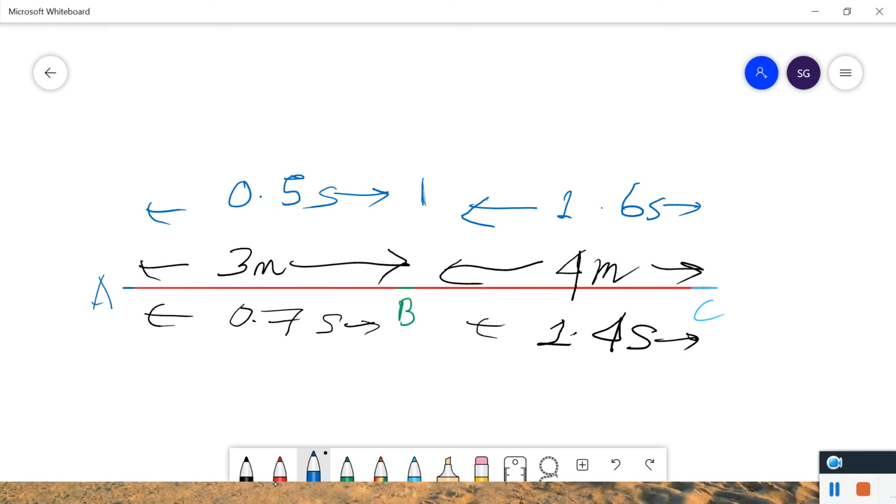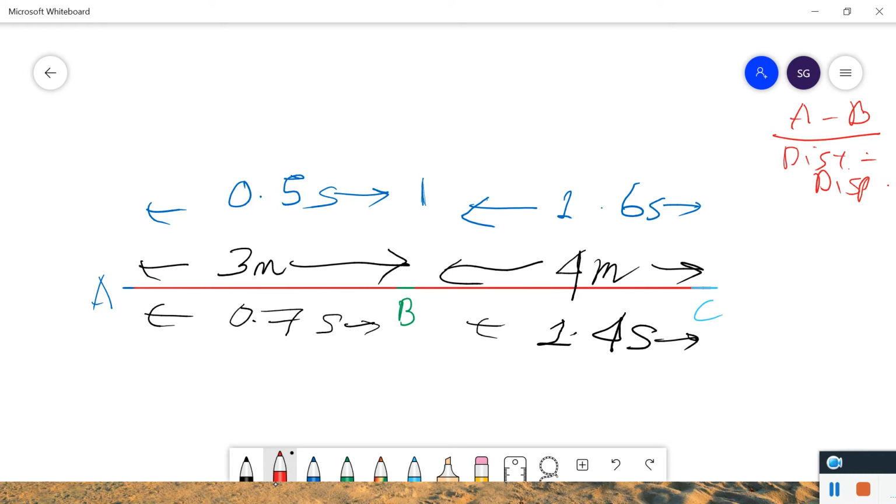So now let's divide this question. In short, I will do the analysis part by part, so that no one gets lost. Consider A to B. Forget everything. We are just concerned about A to B. Here distance is equal to displacement, so we are not worried about speed or velocity.